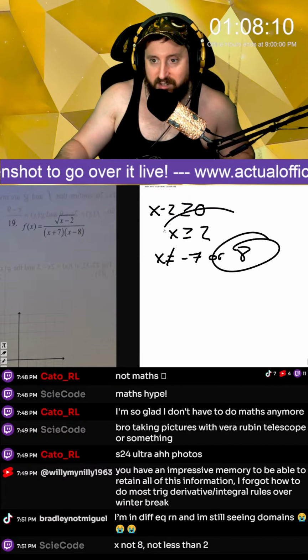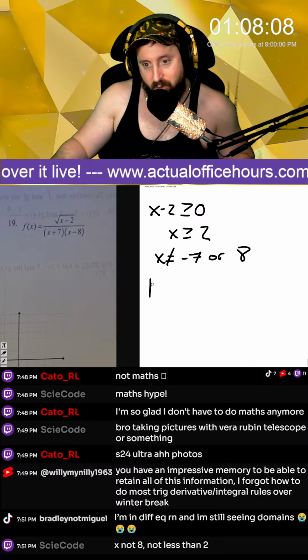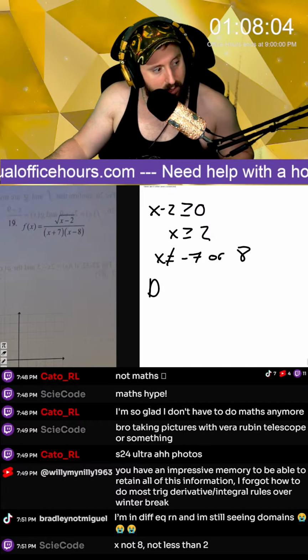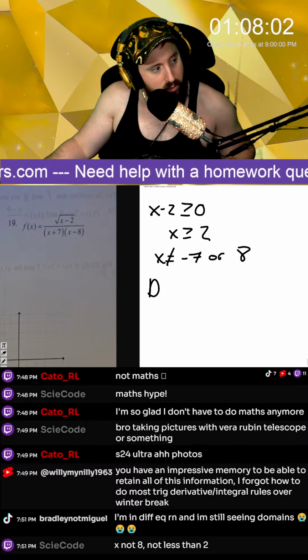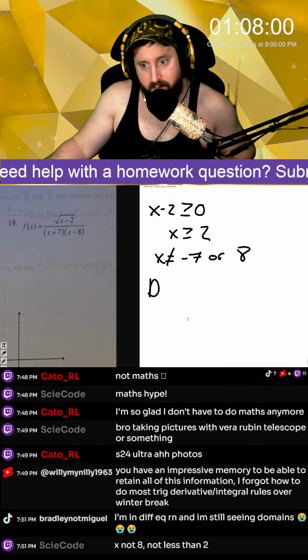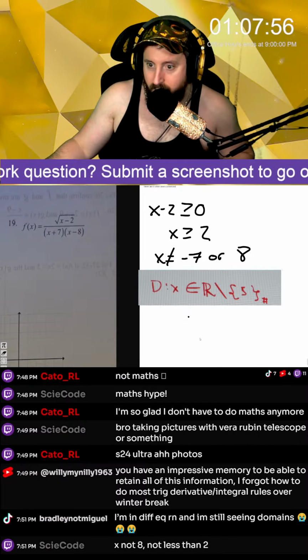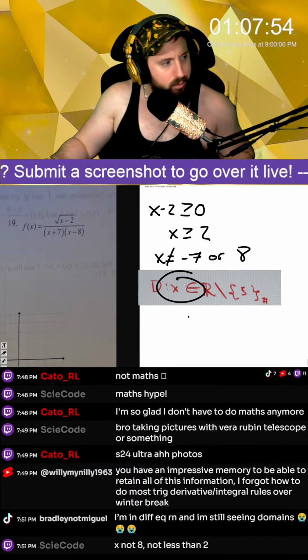However, 8 is included in this. So if you were to say the domain on this one, you are correct with how you write that. You write this in set notation, Arya, which I appreciate. This is correct to write it this way. So this is saying x is all real numbers.